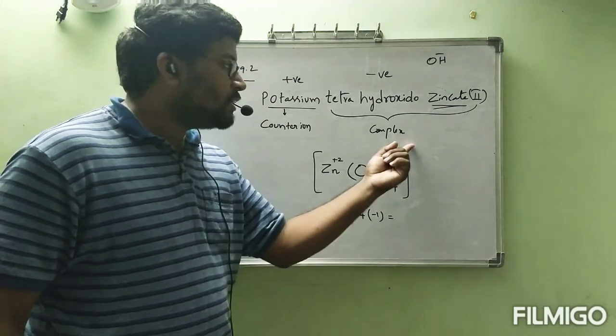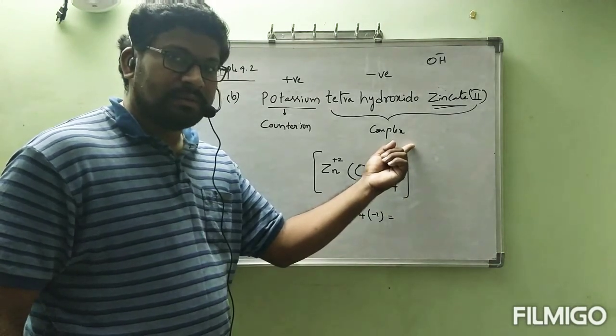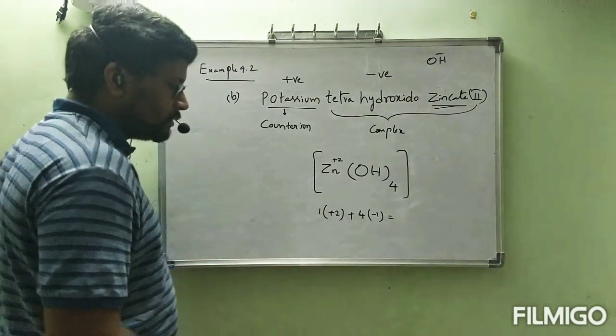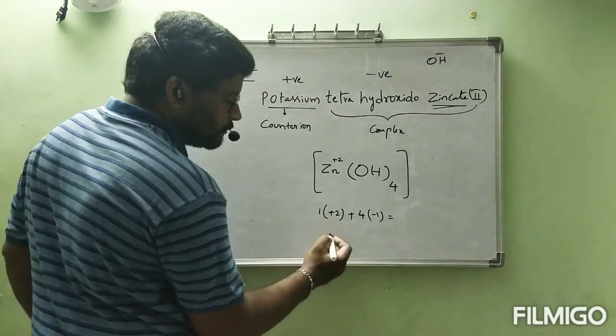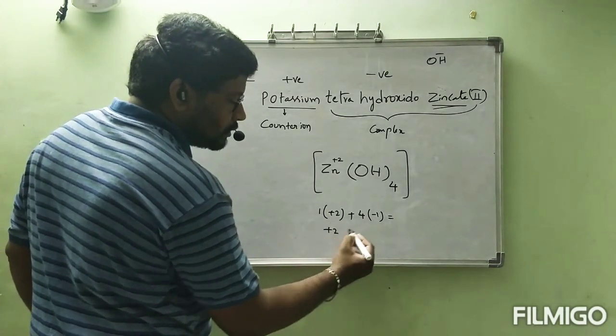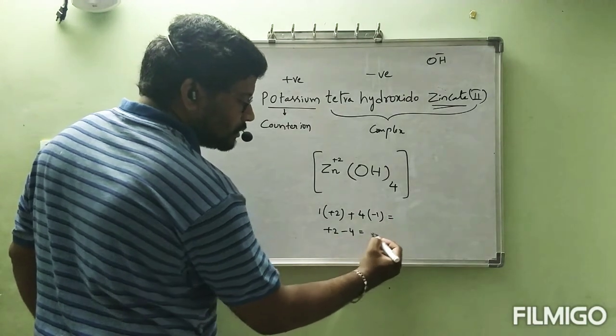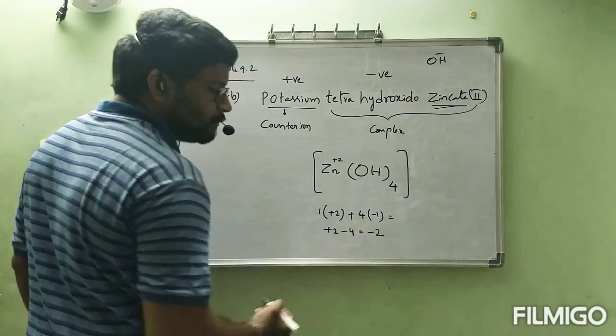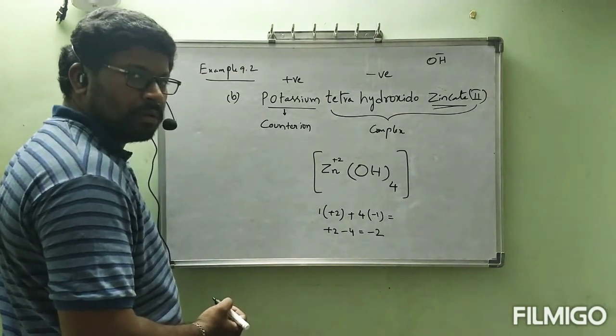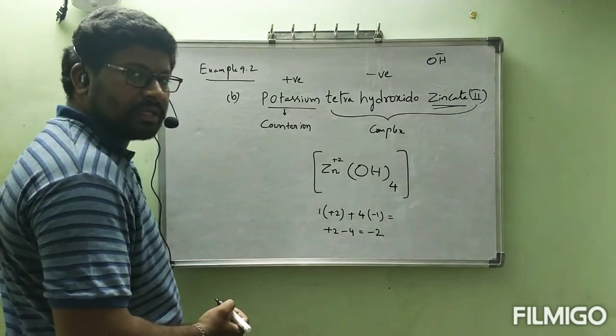That value we have to write on the square bracket. Okay? Now see. 1 into plus 2, plus 2. 4 into minus 1, minus 4, is equal to minus 2. Correct?